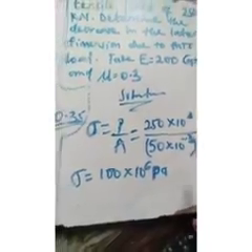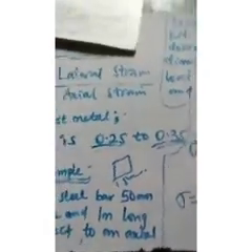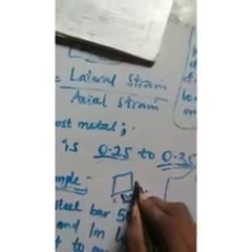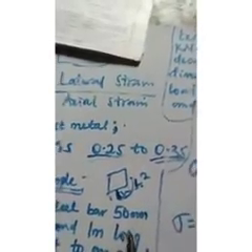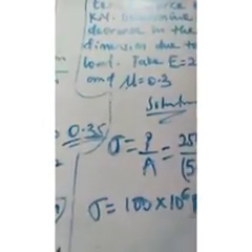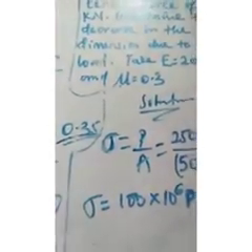But in this context, a square steel bar 50 millimeter on a side, I can apply my formula for length times breadth, or L square. So my L in this statement is 50 millimeter, that is 50 times 10 to the minus 3. And if I square this, I'm going to have 2,500 times 10 to the minus 6. If you solve this, you're going to have your stress as this.